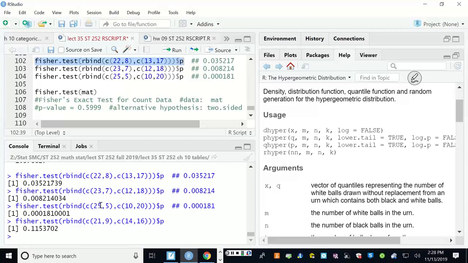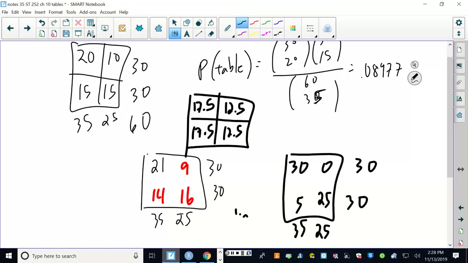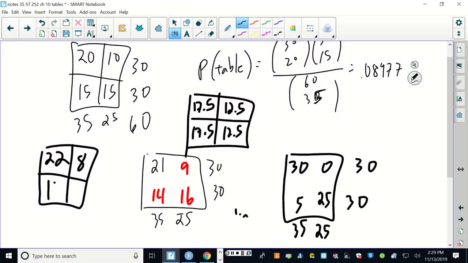So it looks like once we get out to 22, if we had the table of 22, 8, and this would be 13 and 17, this table would look enough different from that, according to Fisher's exact test, to say it's not independent. And it does look a little bit different. These are small numbers, but under the hypergeometric, those are the probabilities.